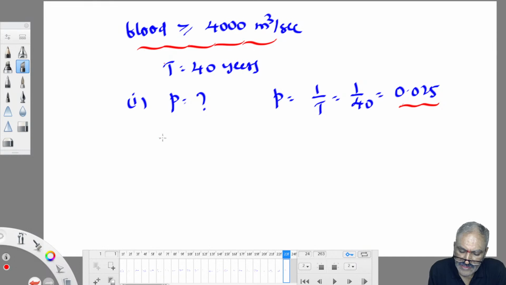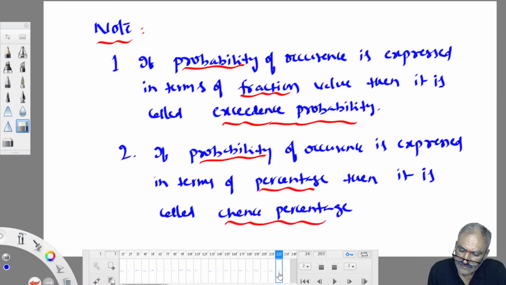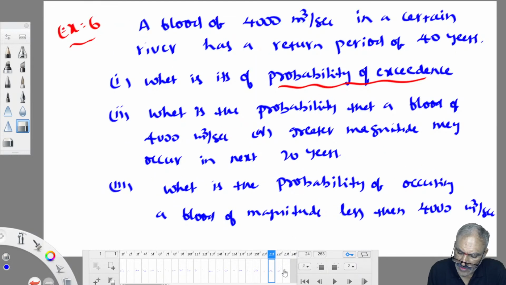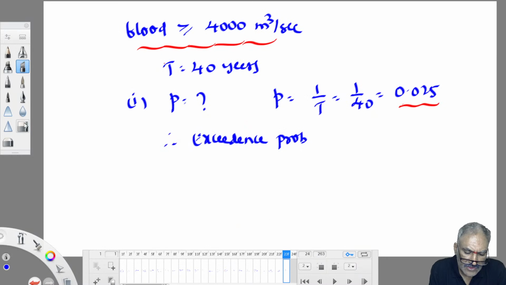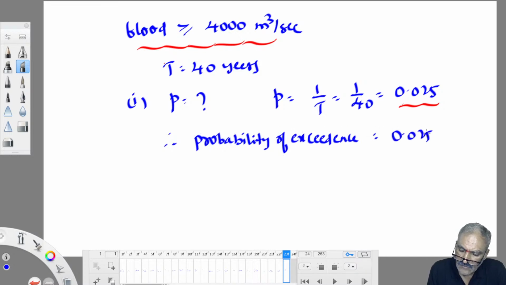That's all. It becomes probability of exceedance. Exceedance probability is equal to 0.025. He has asked probability of exceedance, right? Okay, we'll use his language only. That was answer for first question.